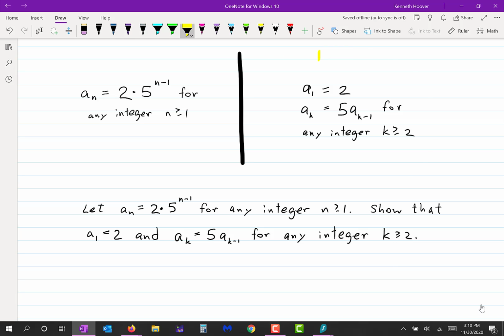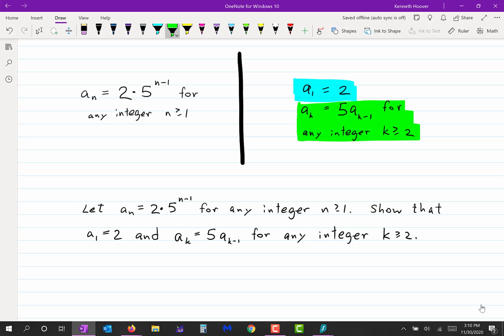Because look at this stuff over here. There's two different statements. Whoops, I didn't mean to erase it. I meant to highlight it. So there's this statement, which is, let's just call that blue. Okay, and then there's this statement, we'll call this green. Now, we're going to prove green by induction. We do not prove blue by induction because blue is not a statement about a bunch of integers.